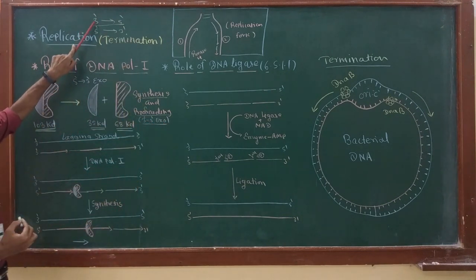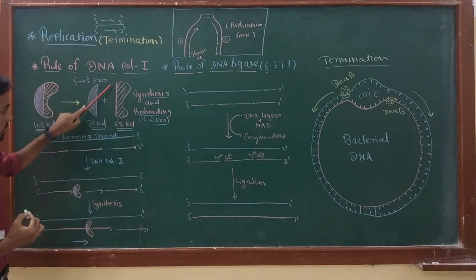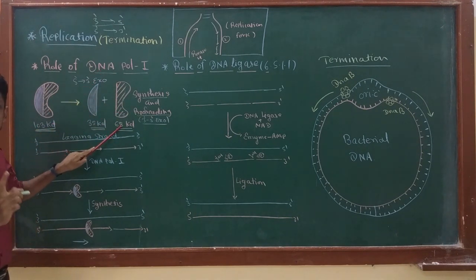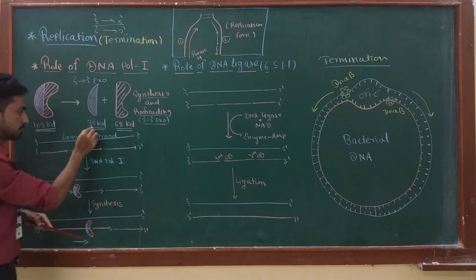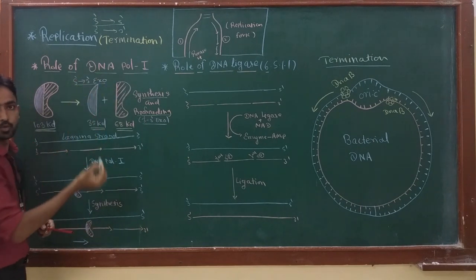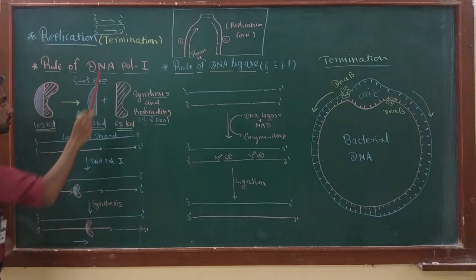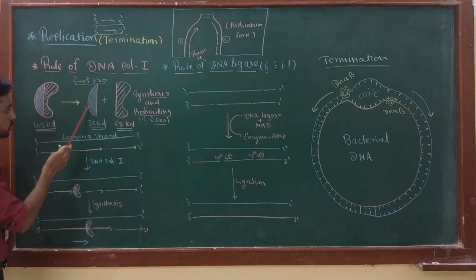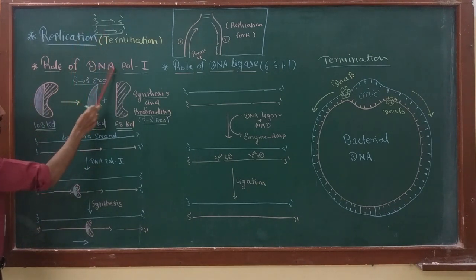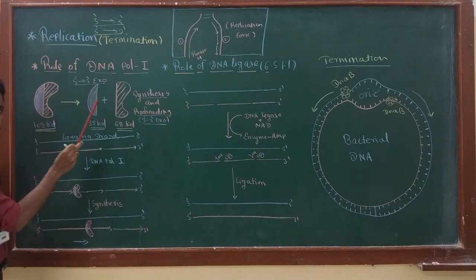This 3' to 5' activity of DNA polymerase 1 is due to this large fragment, which is 68 kilodalton. Now the small fragment, the 35 kilodalton fragment, has 5' to 3' exonuclease activity. That means the 5' to 3' activity is due to the small fragment of the DNA polymerase 1 enzyme. This is all about the structure of the enzyme.